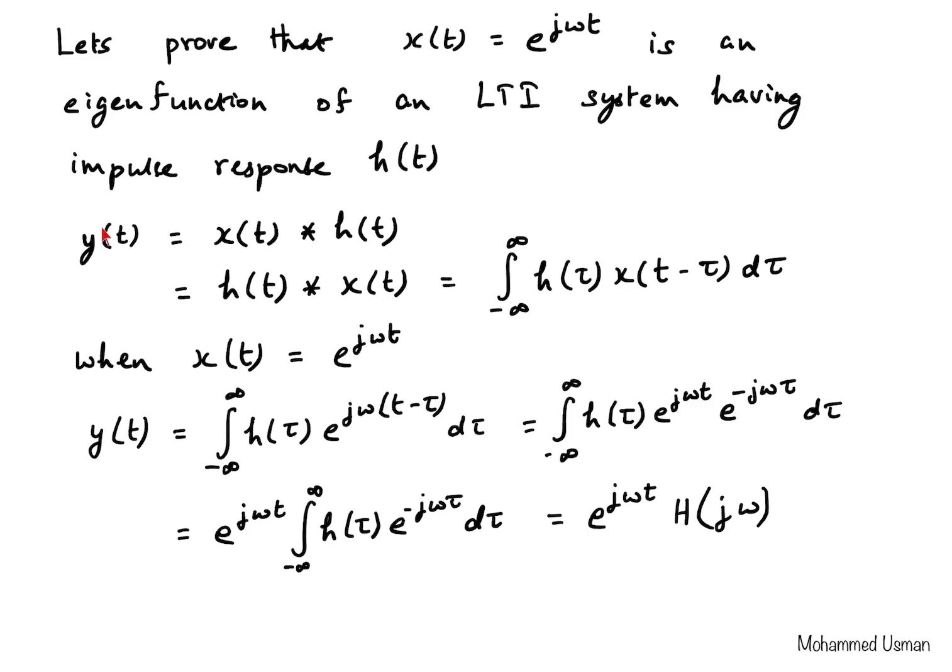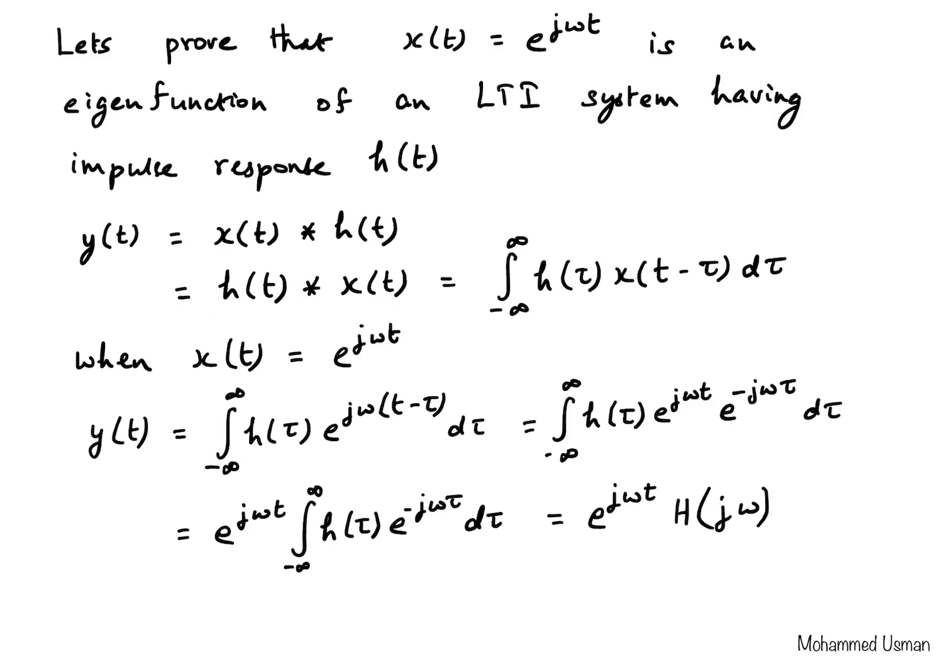So the input-output relationship in terms of the impulse response of the system is the input convolved with the impulse response, and we utilize the commutative property of convolution, so we can change the order of these functions. So h of t convolved with x of t, they are both equivalent.